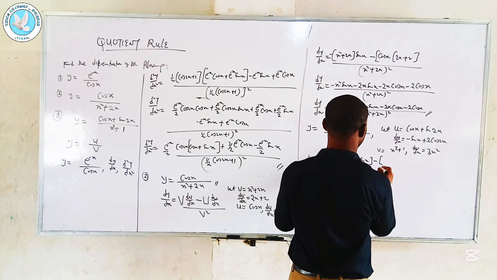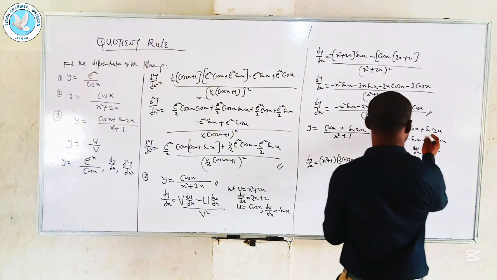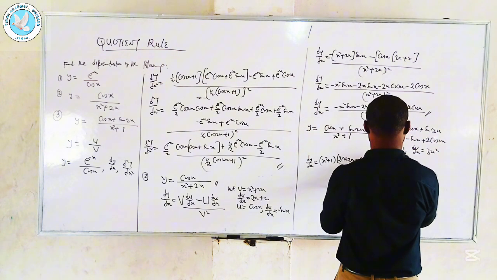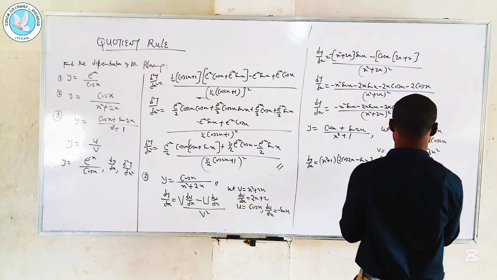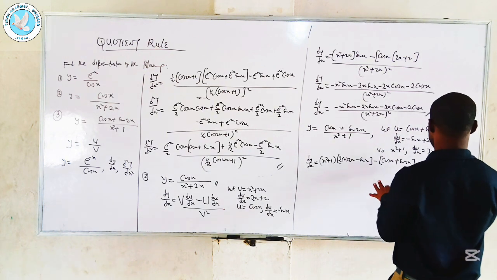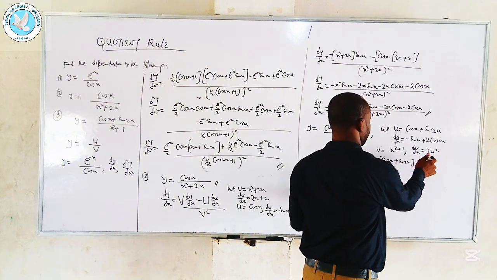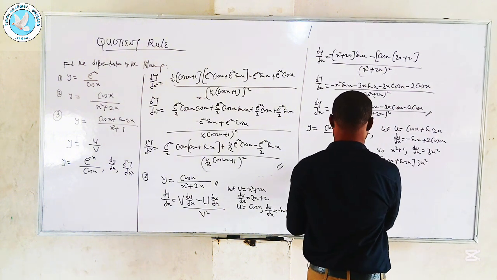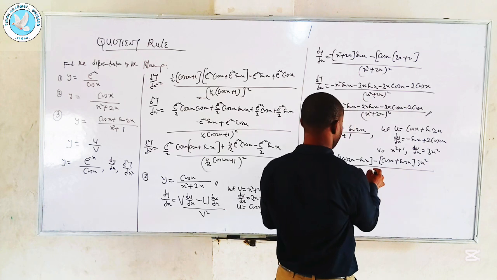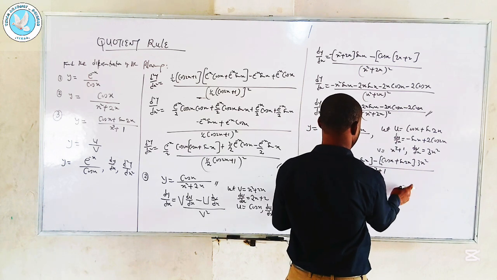Minus. So u is this one, so we can include that. This plus into dv/dx. dv/dx is root of 2. Please divide all this with this.